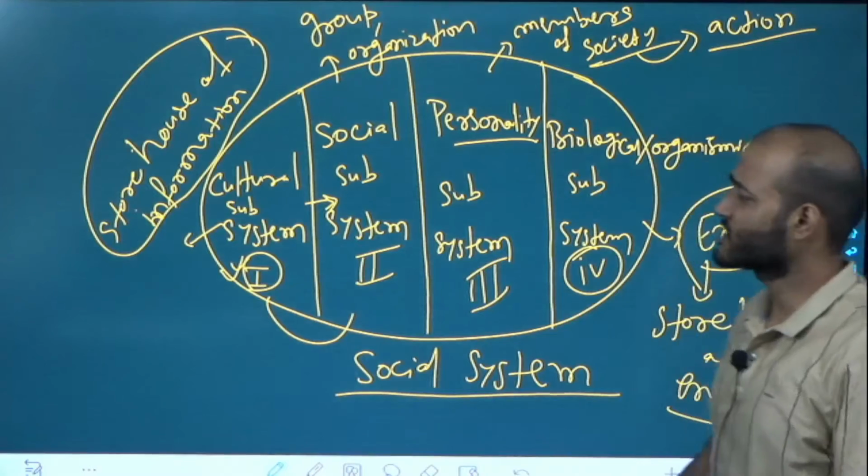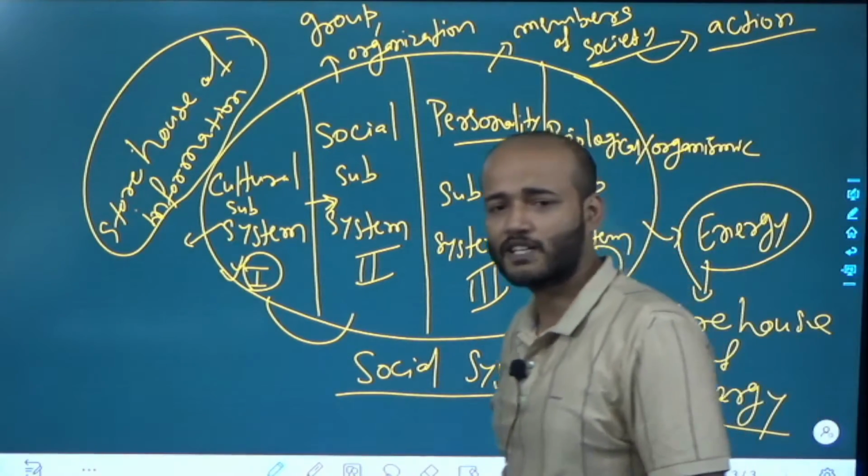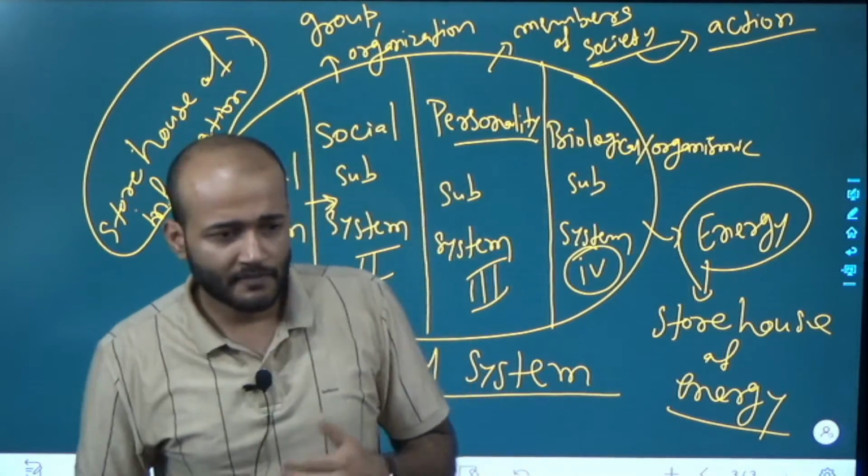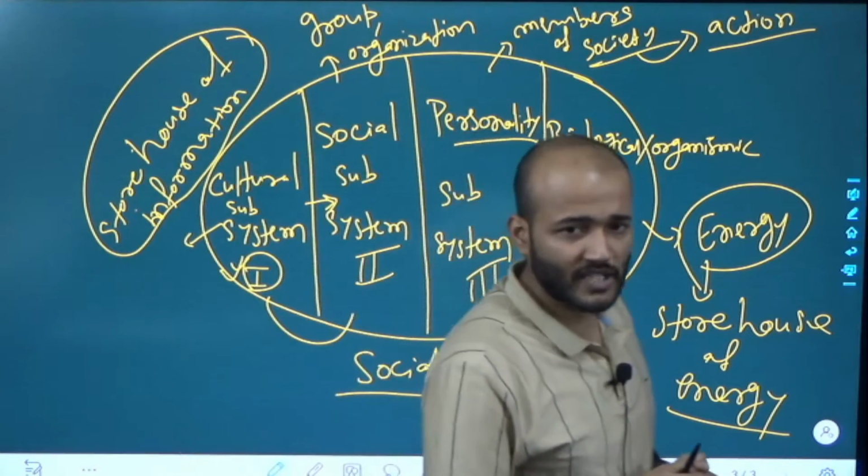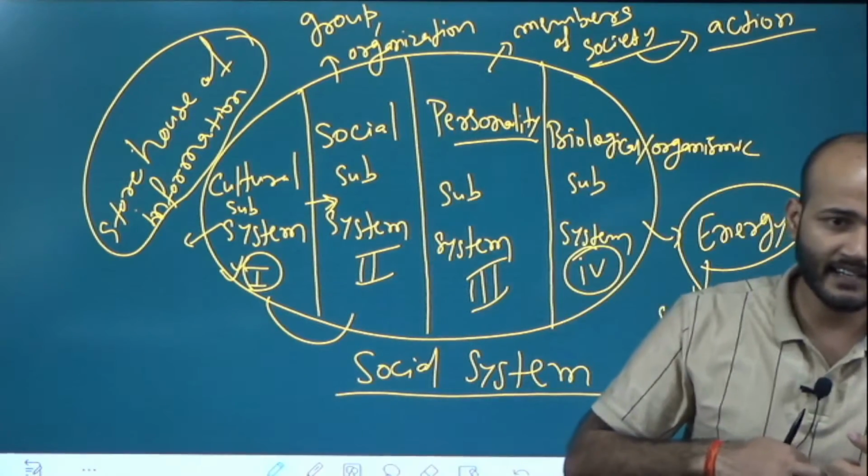He said the social system is going to contain everything, all aspects of society, and for the functioning of all aspects of society, their interlinking is necessary.